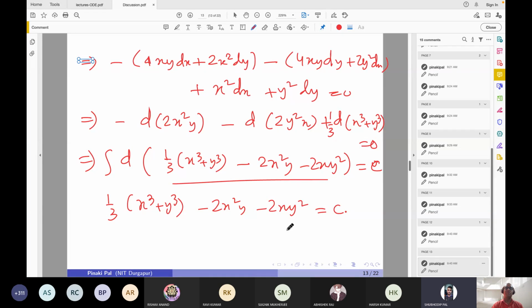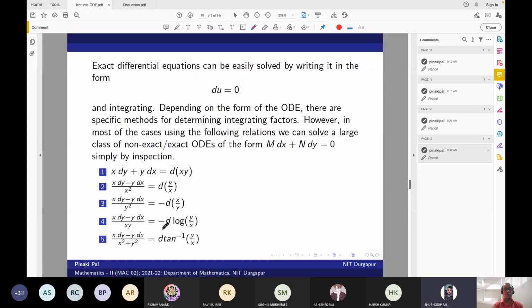But I am suggesting that instead of keeping in mind all the rules, which are often not self-explanatory or very simple, and where you have to calculate several things, try to convert the differential equation into exact form.